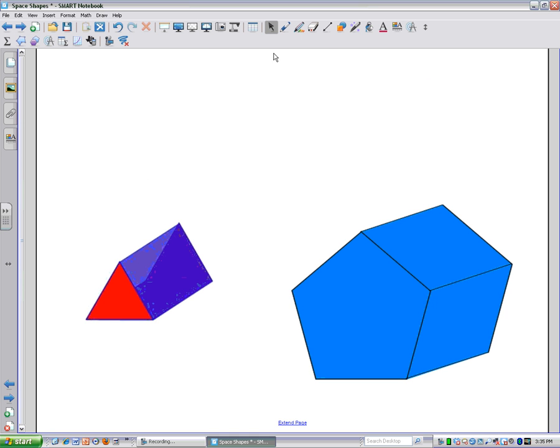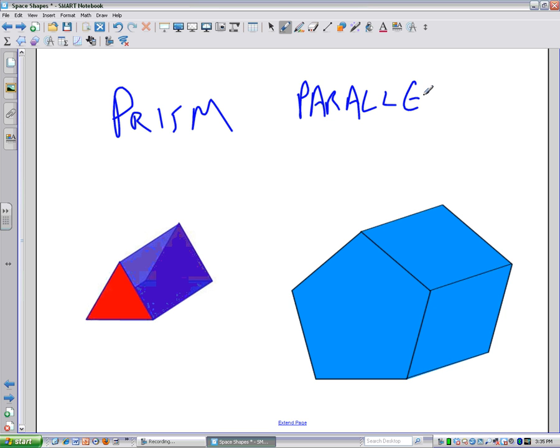All right, so the first category that we have, let's go blue, since everything's in blue, is called a prism. Okay, and what makes a prism is that it has parallel bases, which generally we think about as the top and the bottom.